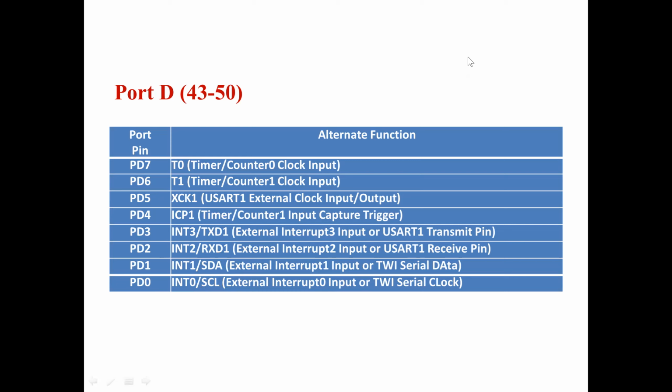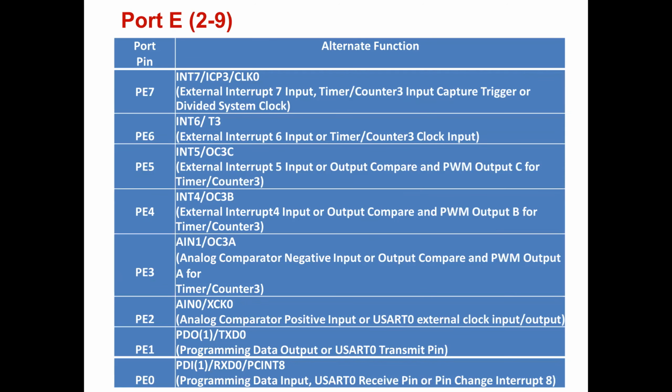Coming to port K, you can see the interrupt pins starting from 4 to 7. And the pin you can configure as a PWM output. Also the timer pin, you can use it as a timer pin.